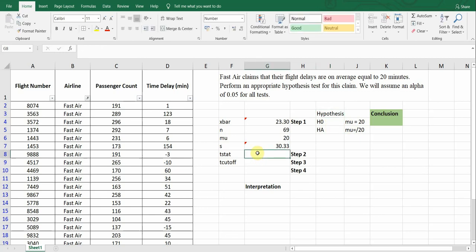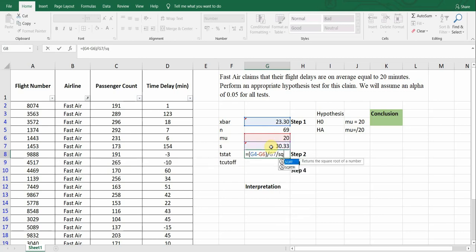How do we calculate the t statistic? That is equal to x bar minus the mu value, close parenthesis, divided by the sample standard deviation divided by the square root of n.